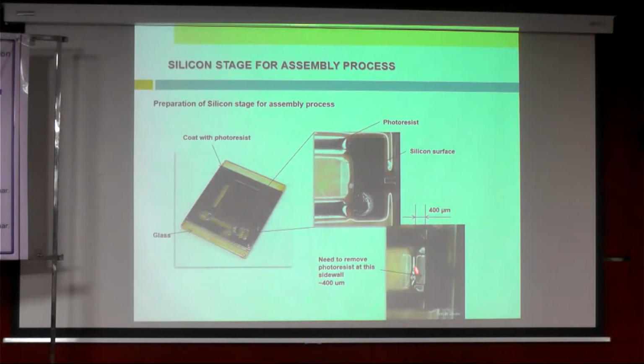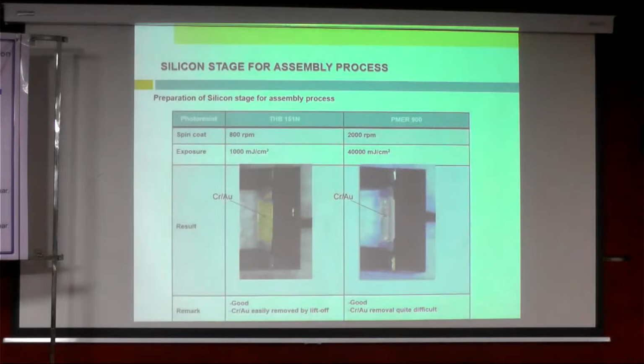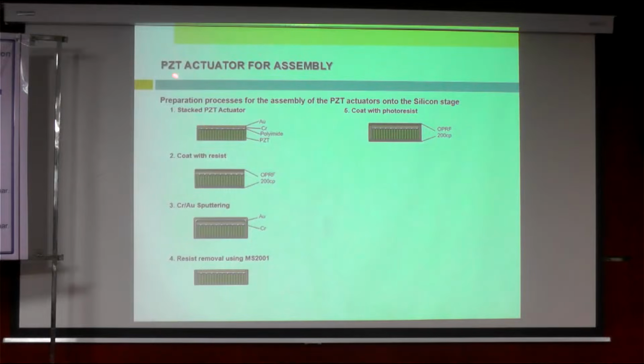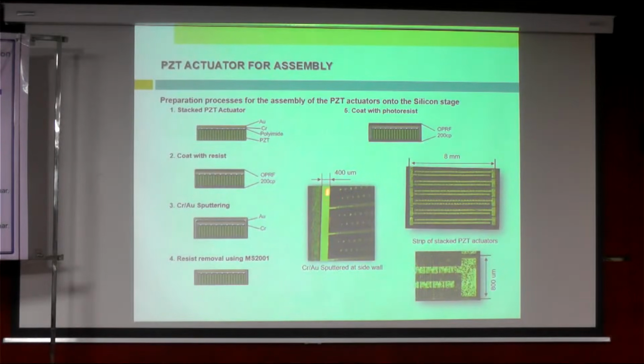Then you need to remove the photoresist. Then you have gold deposited at the side of this. Okay, you have chrome gold deposited. Then for the actuator also need to deposit gold at the side as well. Then we can have this.